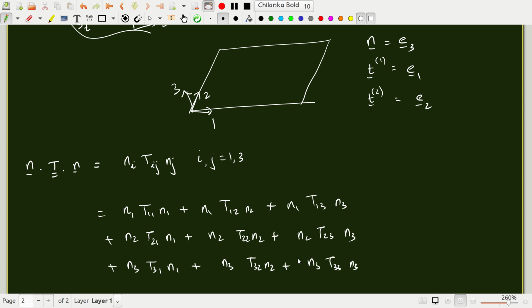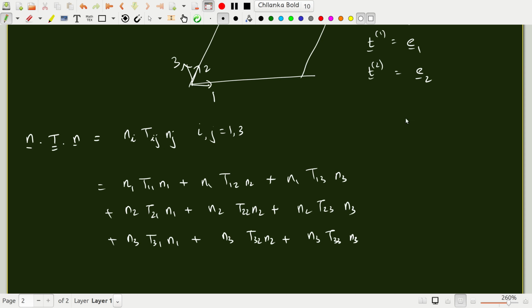Now because the interface is flat, n is e3, that means n3 is 1, n1 is 0, n2 is 0. So for this particular case, this entire expression will boil down to T33.